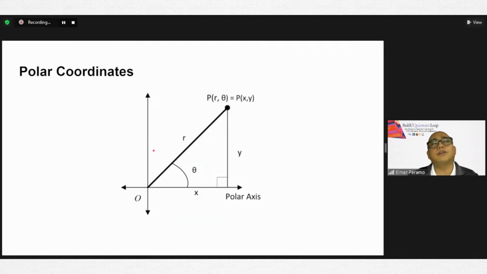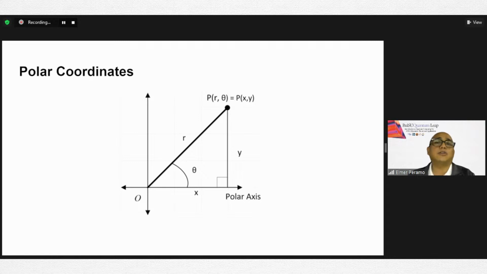Now let's go to polar coordinates. In your algebra or analytic geometry, I think this was discussed. We have different coordinate systems to represent a point in a plane. The conventional thing that we do is we reference an origin and create two orthogonal axes, so that we can locate the point based on its distance from one axis and the second component would be the distance to the other axis.